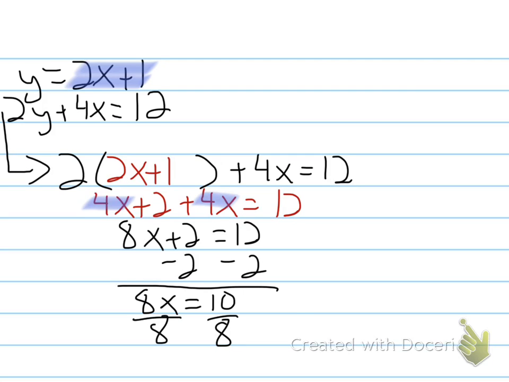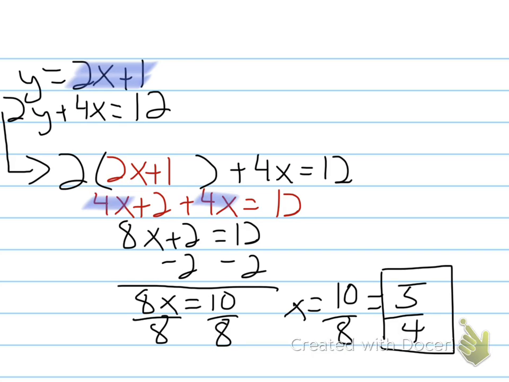So we finally get, I'm going to reduce this, 10 over 8, or we can divide by 2 to get 5 over 4. I'm going to leave it like that, right? We got to substitute in either equation. Why not use the easier one? So I'll write it all out this time. Y equals 2 over 1 times 5 over 4 plus 1, right?